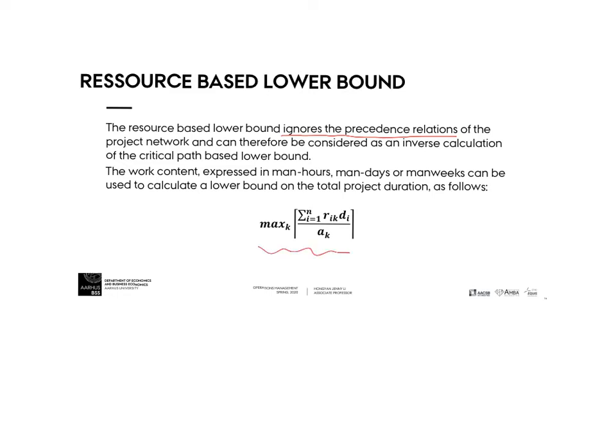We calculate the average time you need if you sum up all the resource usage for all the activities and divide by the resource capacity. Then you get the average time you need. This is also less than or equal to the optimal, so this can be considered as a lower bound.